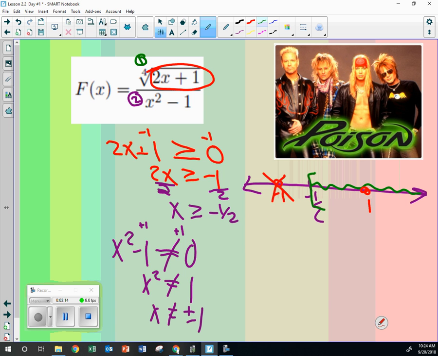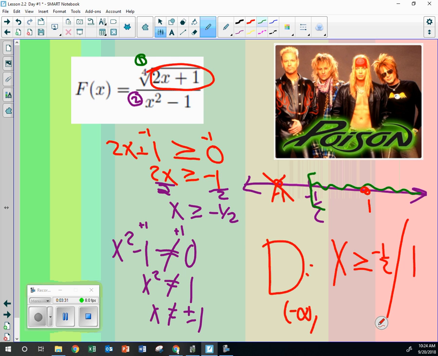But greater than this, the domain is going to be x greater than or equal to -1/2, except what? 1. Very good.